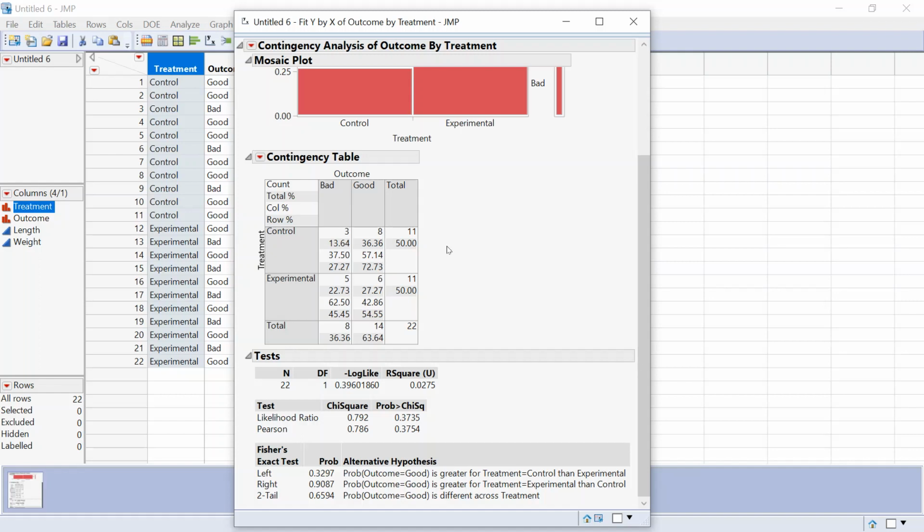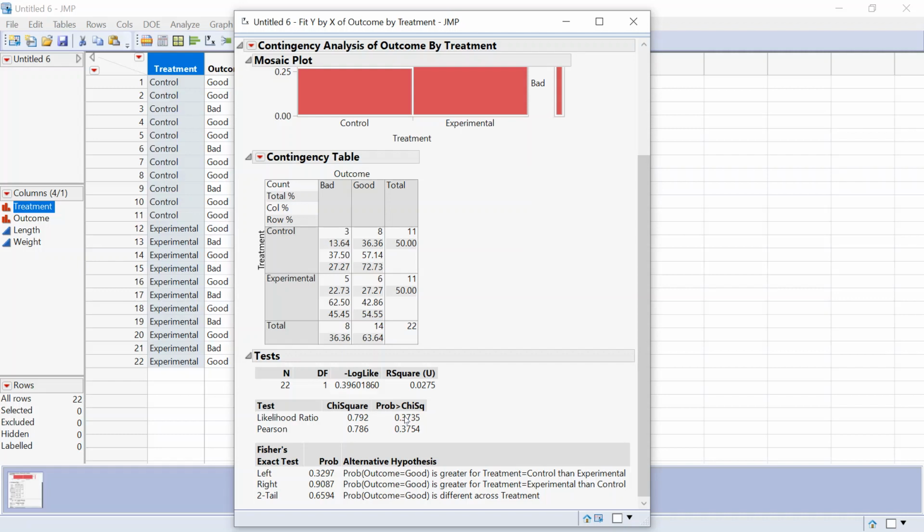And so now we might be interested to see if those proportions differ between treatments, and so we go down here to the chi-square tests provided. And so these are the p-values. So the Prob and the Prob here are the p-values of various different kinds of related tests.